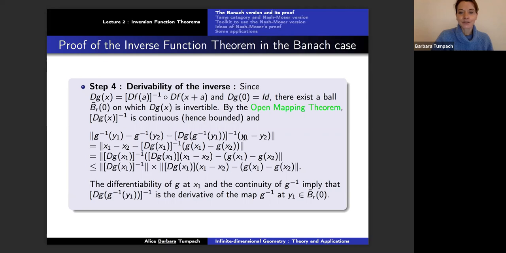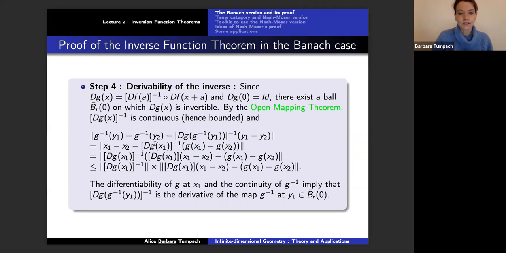And for this, we're just using that if we take the differential of G at some point X, then it is invertible by hypothesis, and it is continuous because of the open mapping theorem.